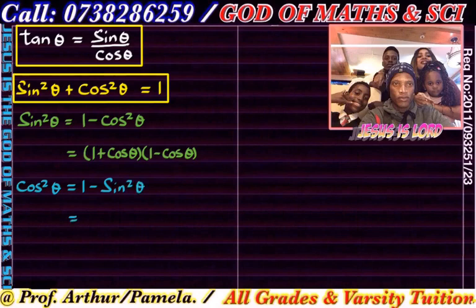Now you can factorize that as well. It's difference of two squares, 1 plus sine theta into 1 minus sine of theta. Okay, so these are the rules you are dealing with, you guys.